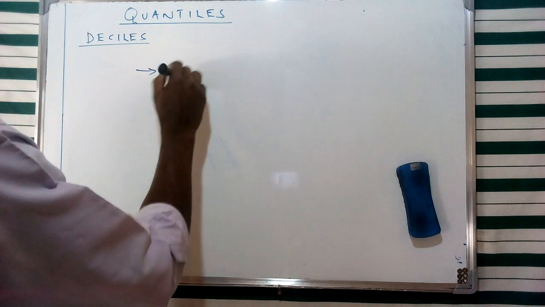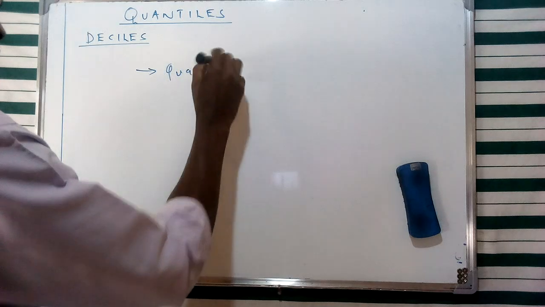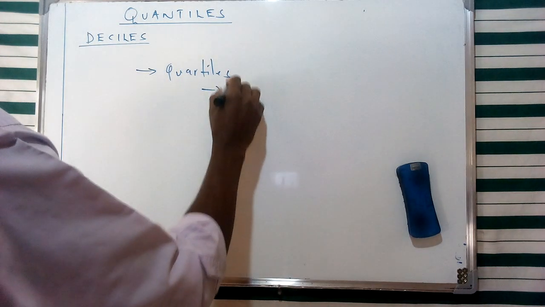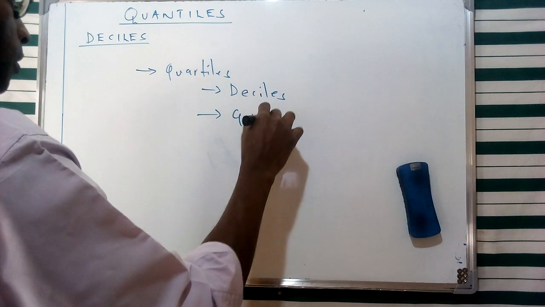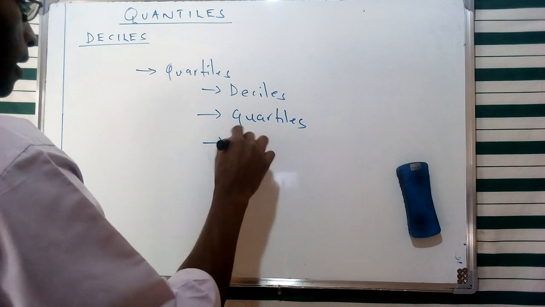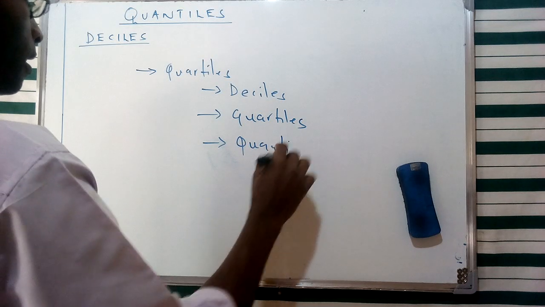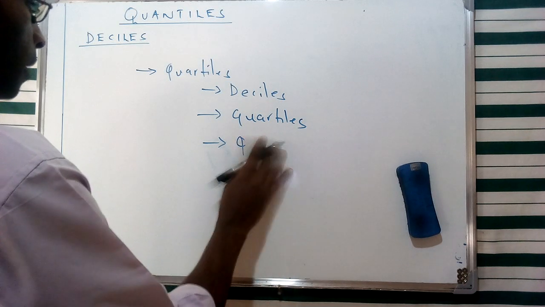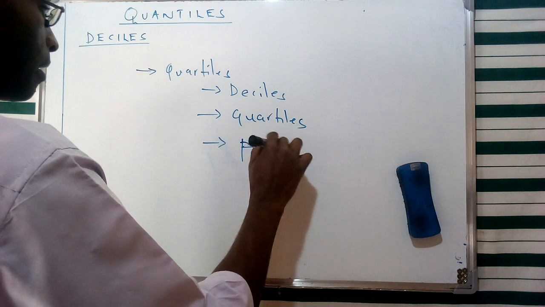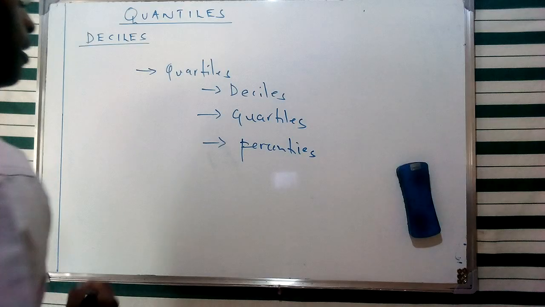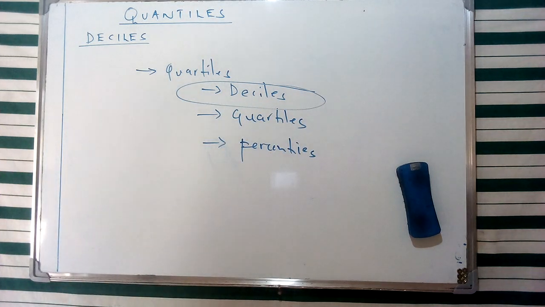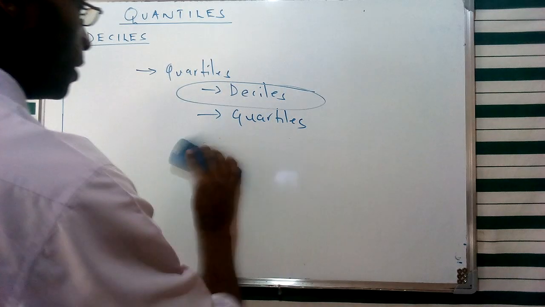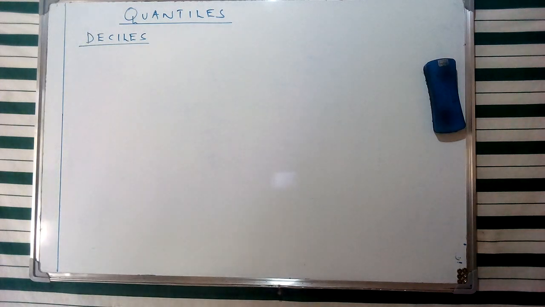I listed these quantiles and said that they have subdivisions: deciles, then quartiles, and lastly percentiles. In this case, we're going to look at this specific class of quantiles and see how they are used to represent measures of central tendency.